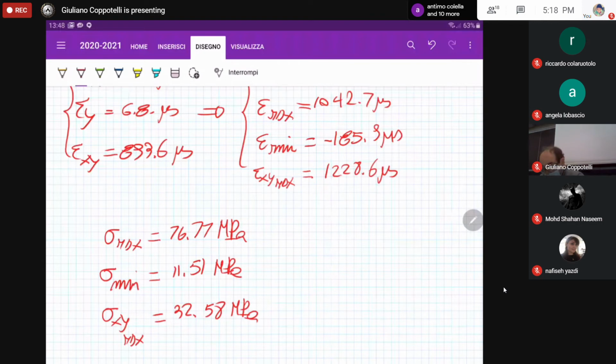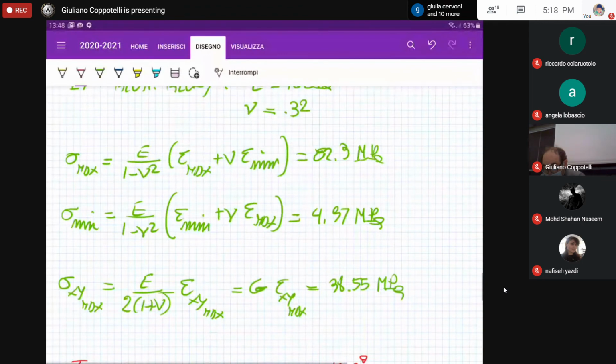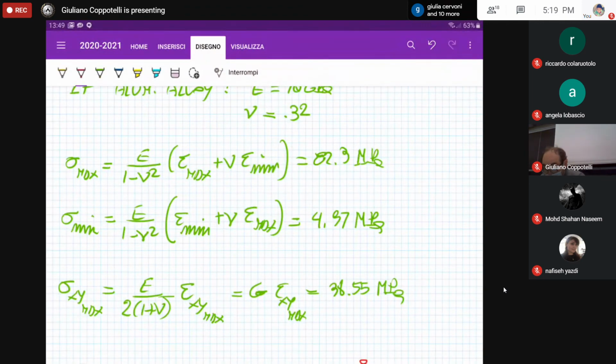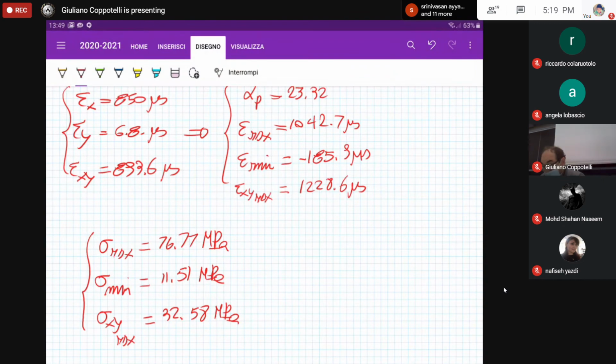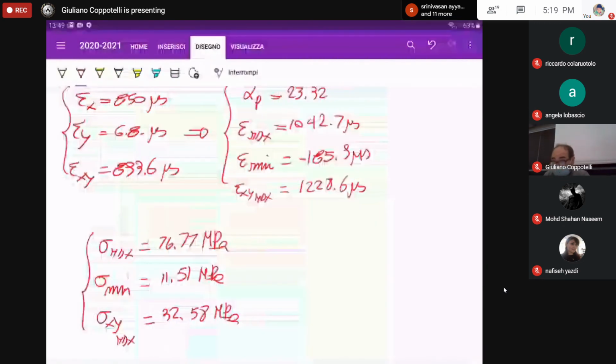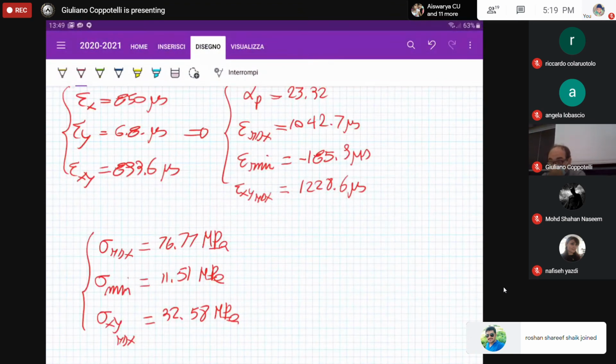Okay, now let's compare these last three with these first three. As you can see, we have the maximum stress in the ideal condition equal to 82 point something, and we move to 76. So we got a lot of effects on the estimate of the strain.